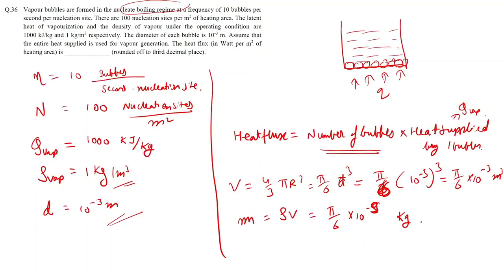Now here we have been given Q vaporization per kg of bubbles. So let's just write it over here. Q vaporization we were given as 1000 kilojoule per kg of bubbles.